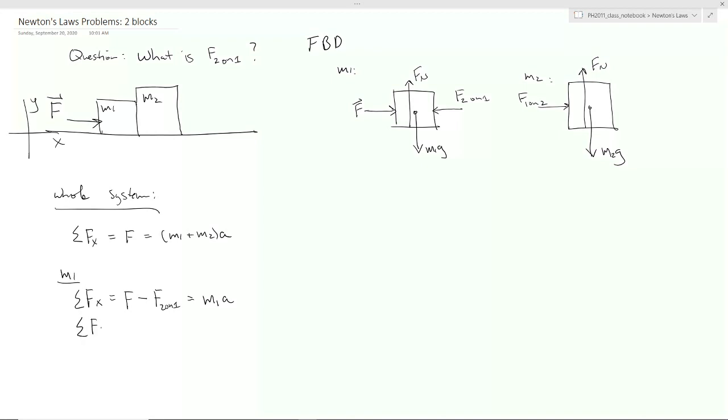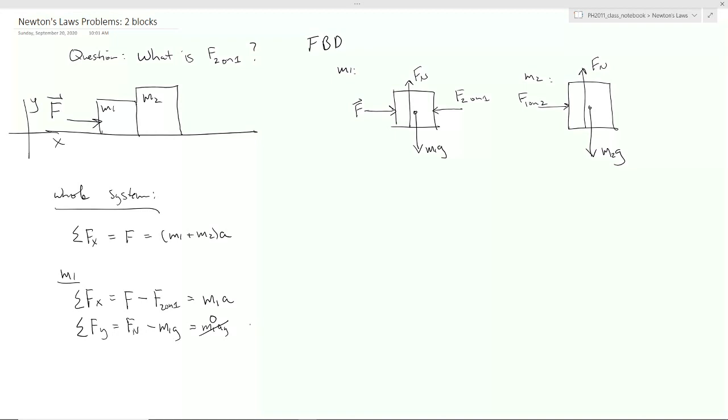I'll also just take a second to sum the forces in y to see what it would look like. This would be the normal force pointing up minus m1g. That would in general equal mass 1 times acceleration in the y direction. But this is 0 because the object is resting on the surface.